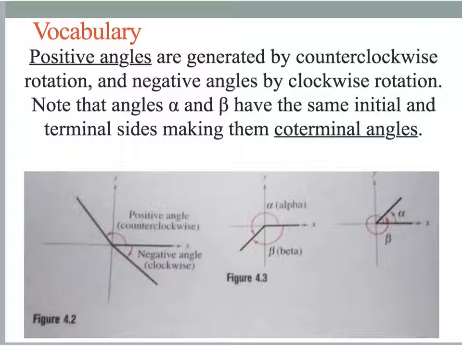Same thing on the very last figure to the right: angle alpha and angle beta, even though beta has gone fully around, which we'll call a full revolution in a moment. Because they begin and end in the same location, no matter how many revolutions it has done, it is still considered a coterminal angle.